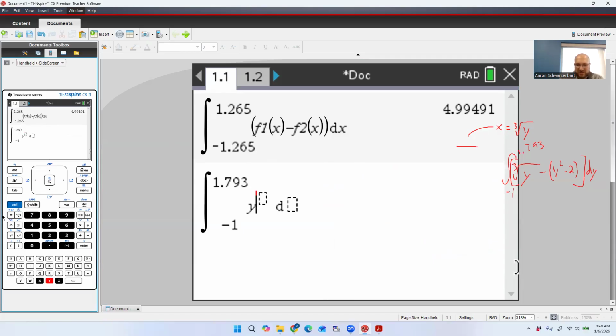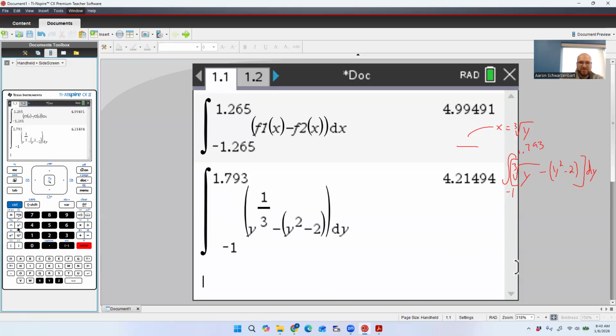I guess I'm going to do this as y to the 1/3. I meant to hit cube root, but I hit the wrong button. And I get an area of 4.21. Does that make sense? And that's the area between curves.